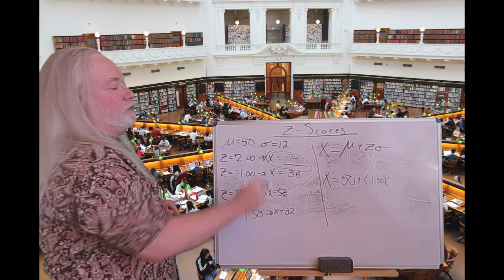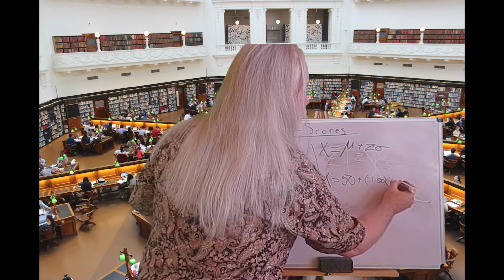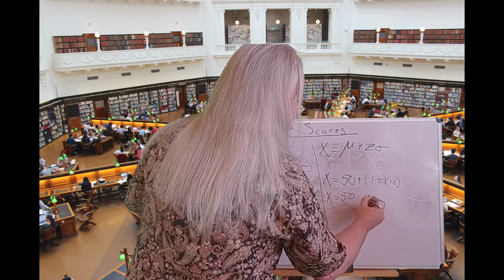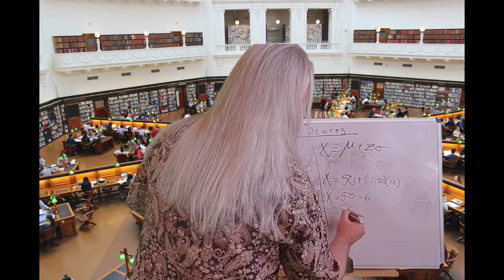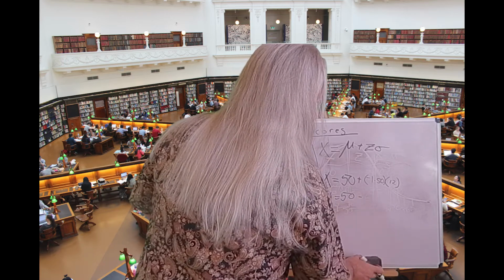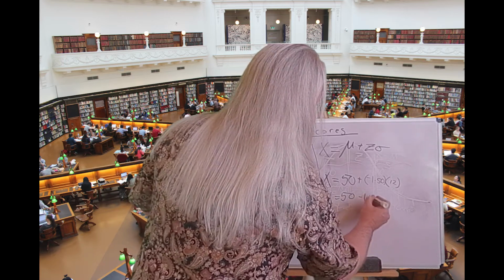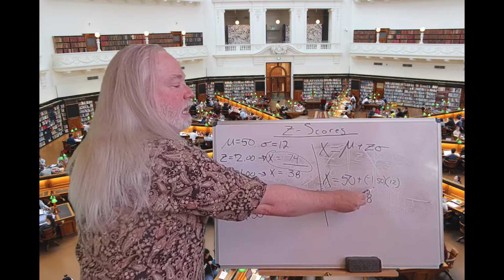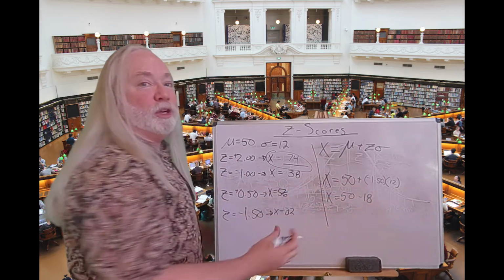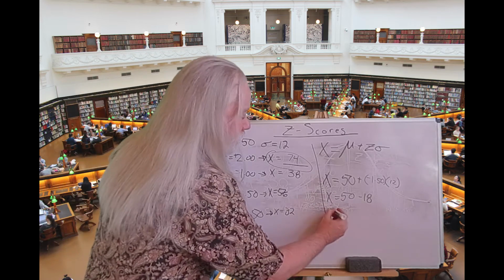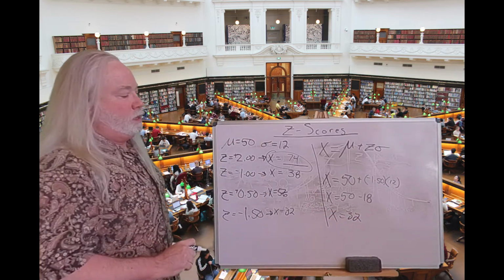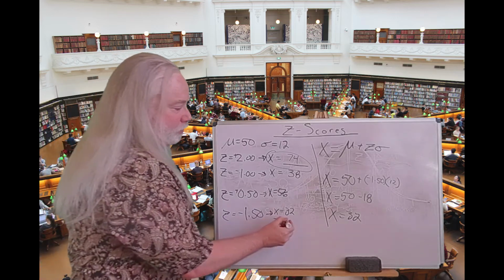And the standard deviation was 12. So -1.5 times 12 is -18. If you are adding a negative number, you are basically just subtracting, right? And we get down to the same answer, 32 and 32.